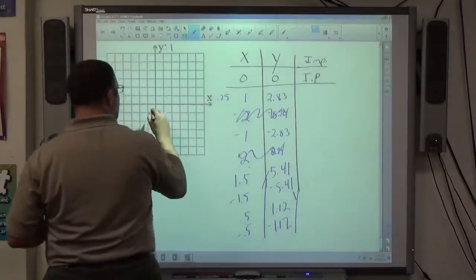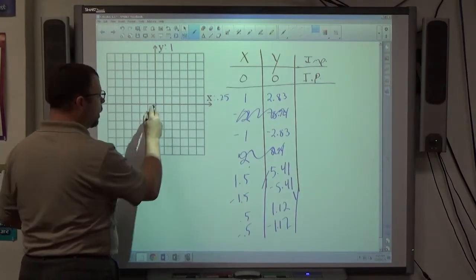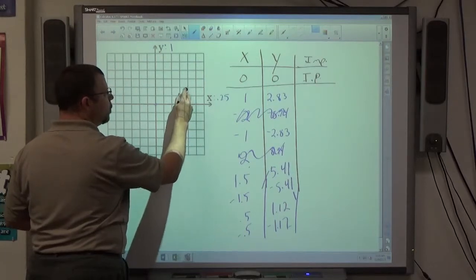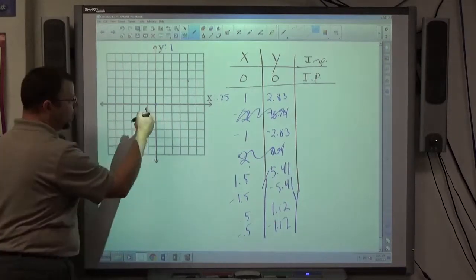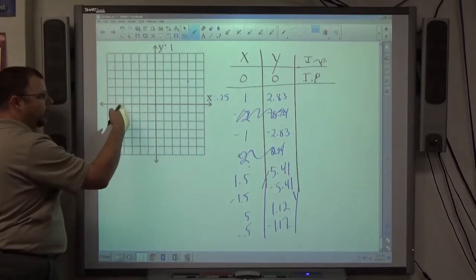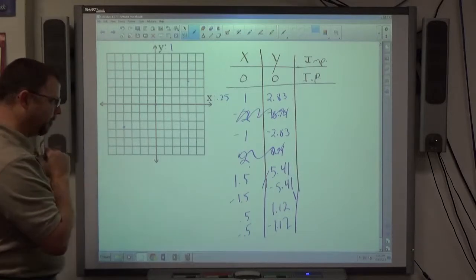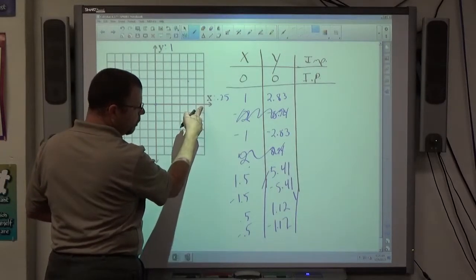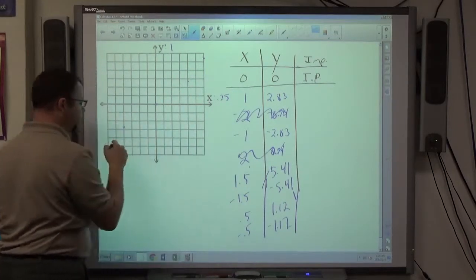So, 0, 0 is an inflection point. And 1, 0.25, 0.5, 0.75, 1, 2.83 would be about here. Negative 1, 0.25, 0.5, 0.75, 1, 2.83 would be about here. 1.5, 1.25, 1.5, 5.41, a little bit less than a half.